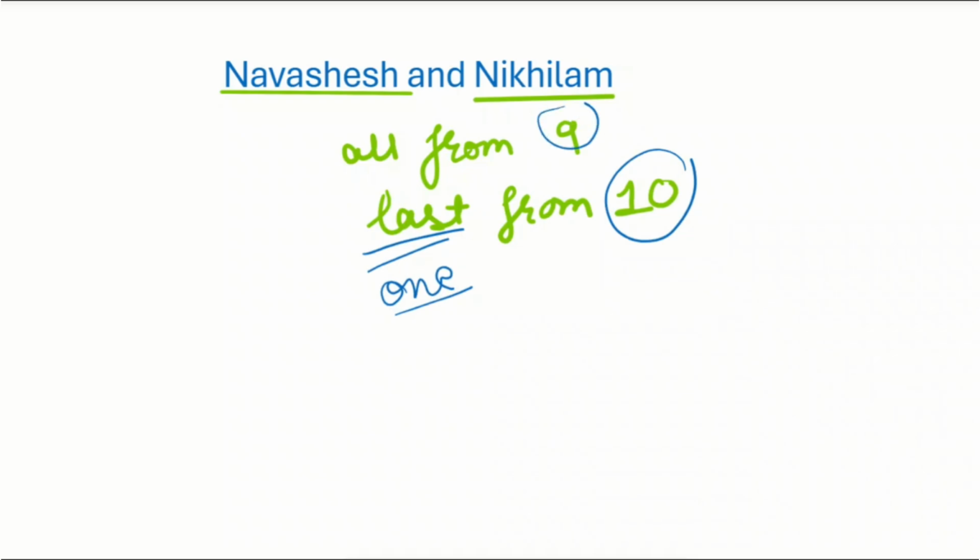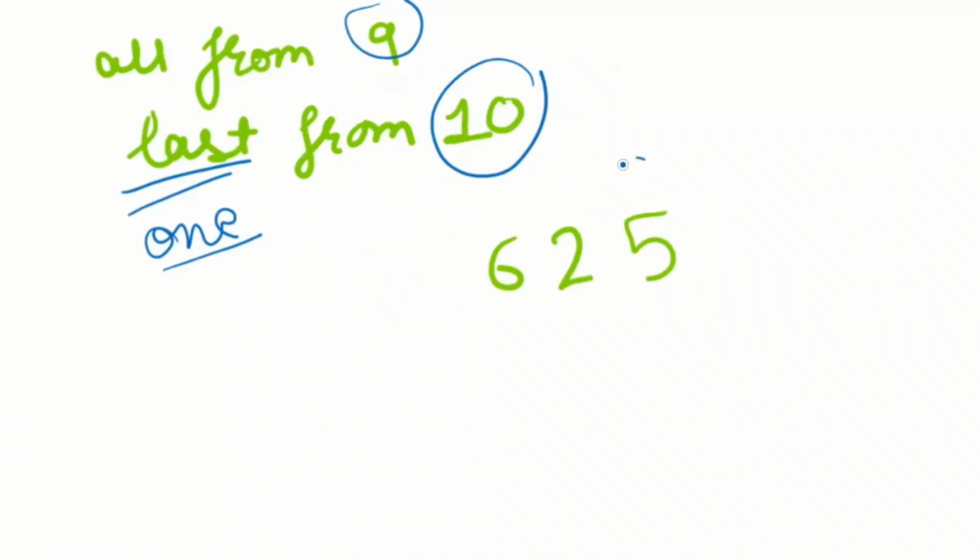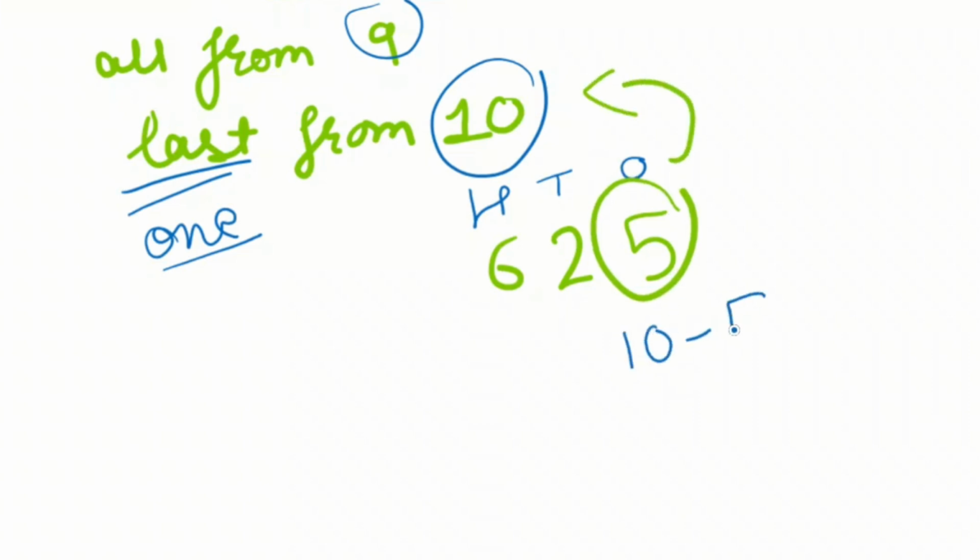For example, let's take the same number 625. The ones digit is 5 and the rest of the digits, the hundreds and tens, are 6 and 2. So the ones digit, 5, is subtracted from 10. We get 10 minus 5, which is equal to 5.